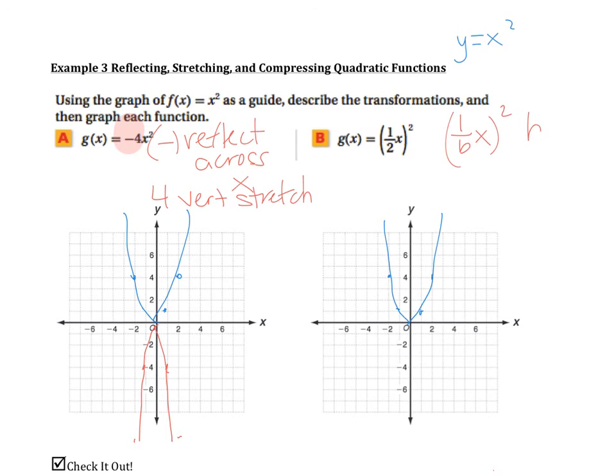So my b equals 2. So that's a horizontal stretch by a factor of 2. So it's going to stretch out. And again, put that in Desmos. Find your points, a few points.